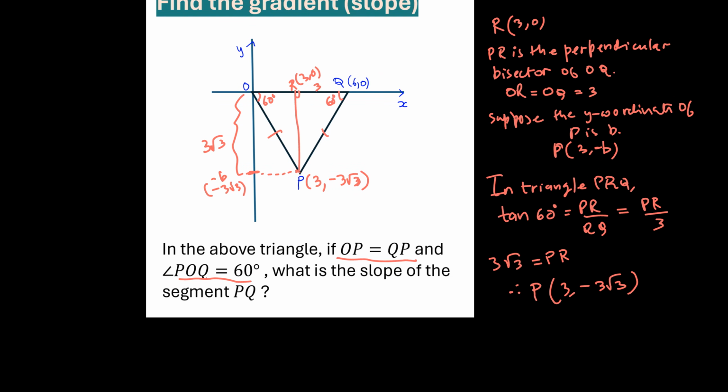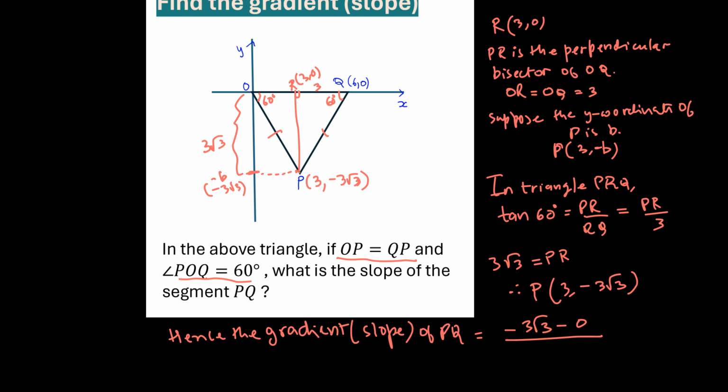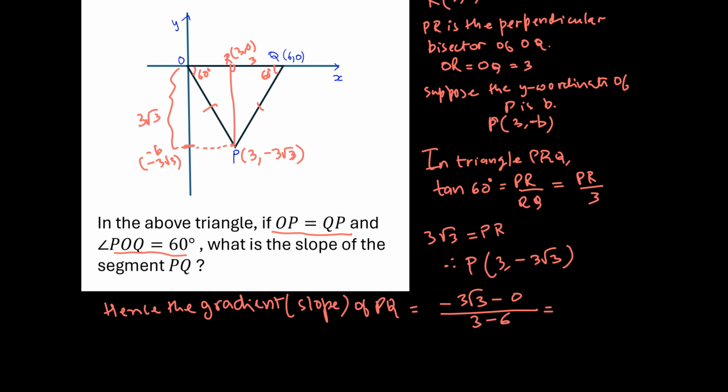So hence the gradient or slope of PQ would be equal to minus 3 root 3 minus 0 over 3 minus 6, and that is equal to minus 3 root 3 over minus 3, and that is equal to root 3, and that is the answer.